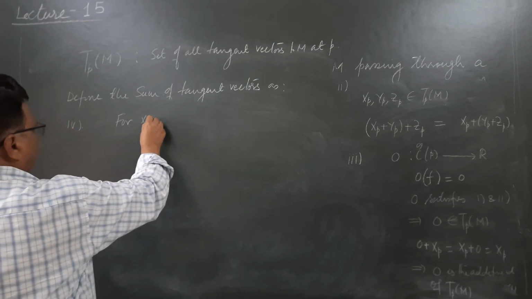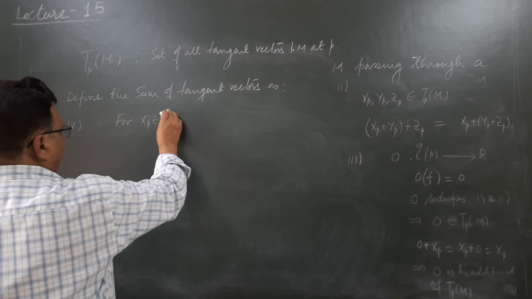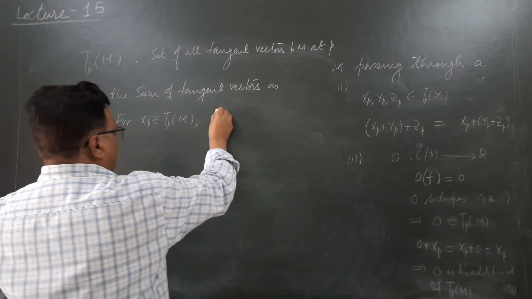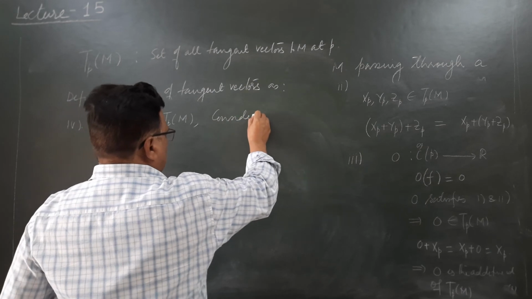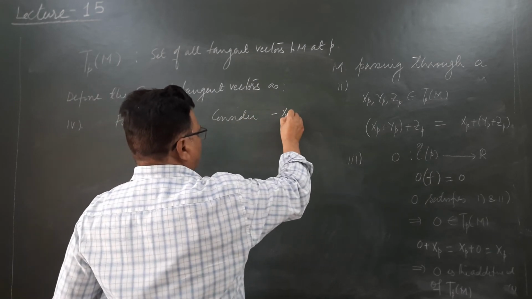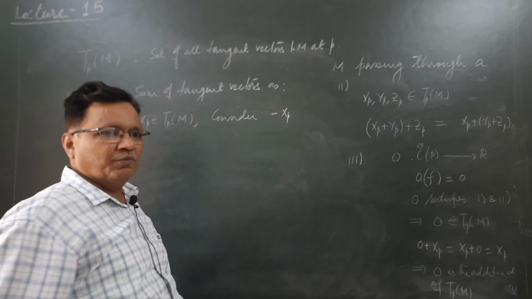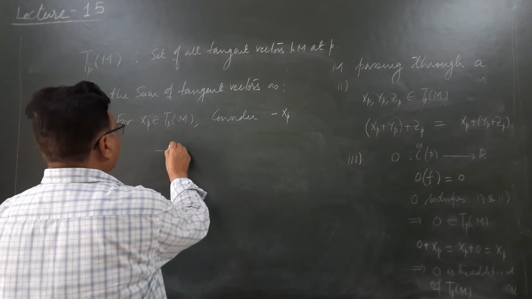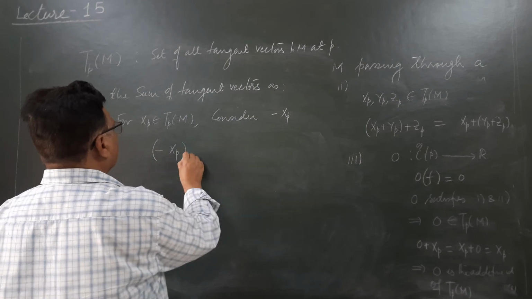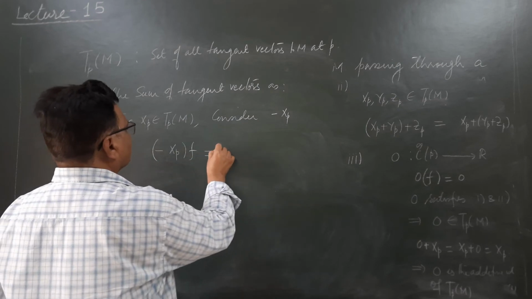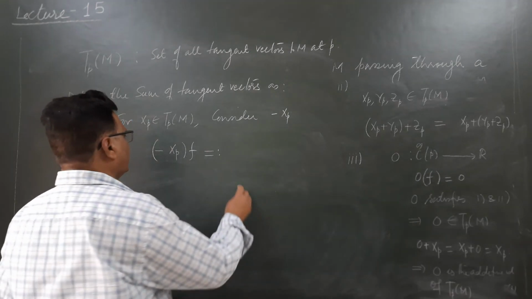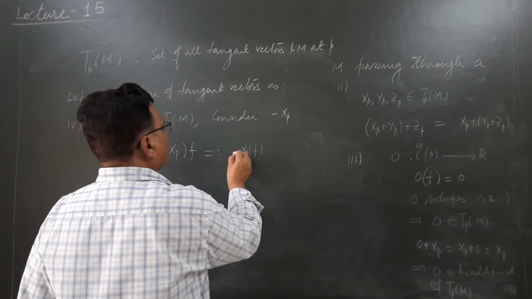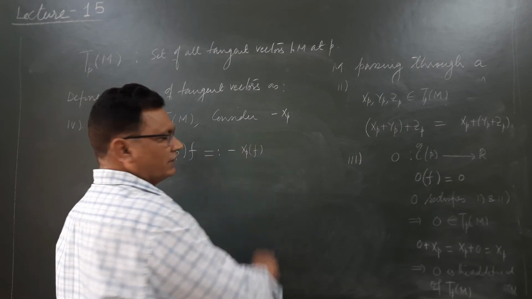For XP in TPM, consider an object minus XP. मैं शुरू से ही उसको minus XP से denote कर रहा हूँ, ठीक है? And I define it like this, minus XP F, I am defining like this. This is the definition of minus XP. It is XP F, and this is a real number, I will put a minus sign.